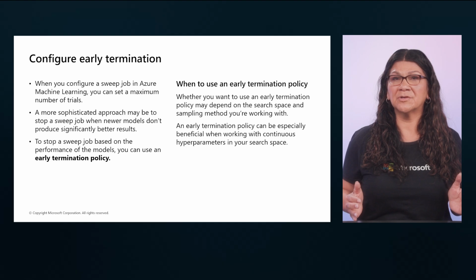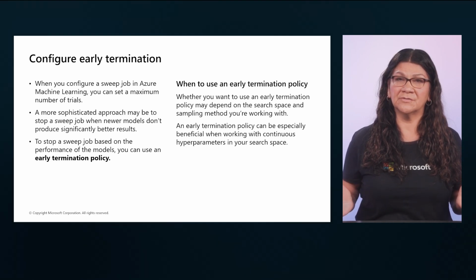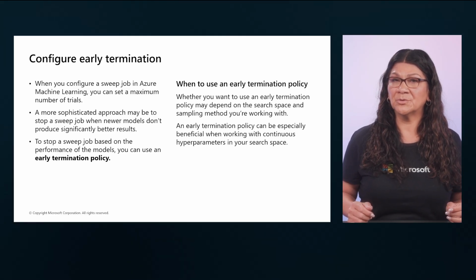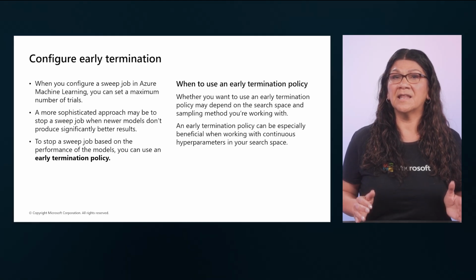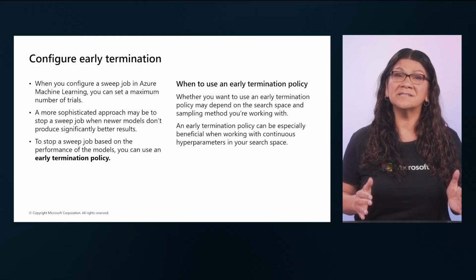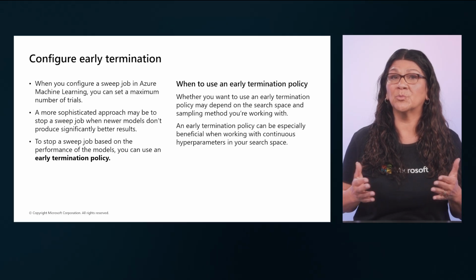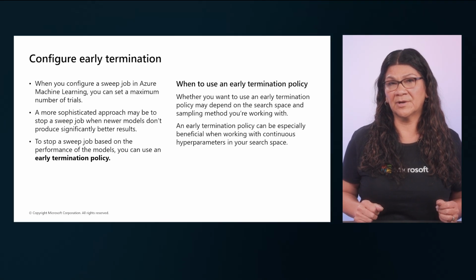Continuous hyperparameters present an unlimited number of possible values to choose from. You'll most likely want to use an early termination policy when working with continuous hyperparameters and a random or Bayesian sample method. This combination allows the system to explore the search space broadly while quickly eliminating poor-performing configurations.